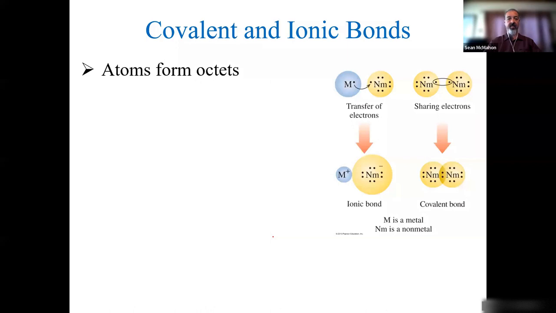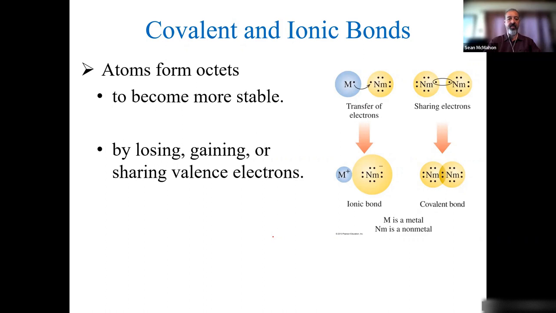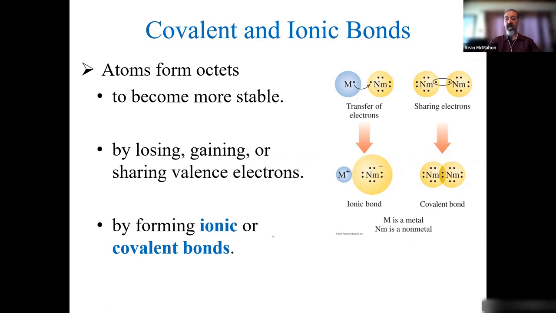So covalent and ionic bonds, why do elements form bonds? They want octets. It helps them become more stable, having that S and P sublevel filled. So by losing, gaining, or sharing electrons, they can accomplish this. If there's actually a loss or a gain of electrons, I call it an ionic bond.